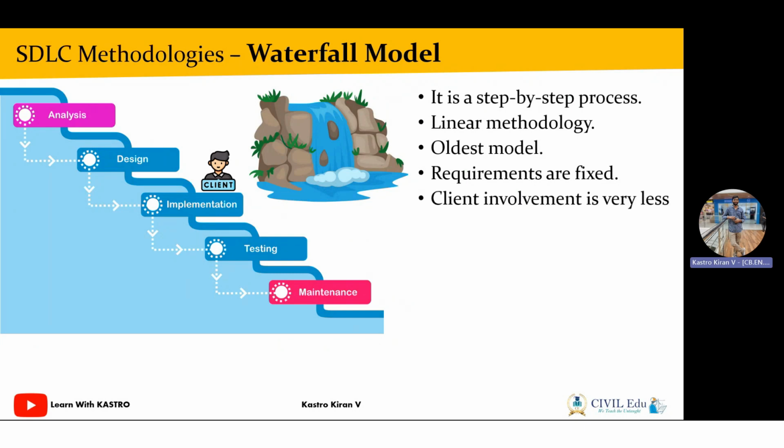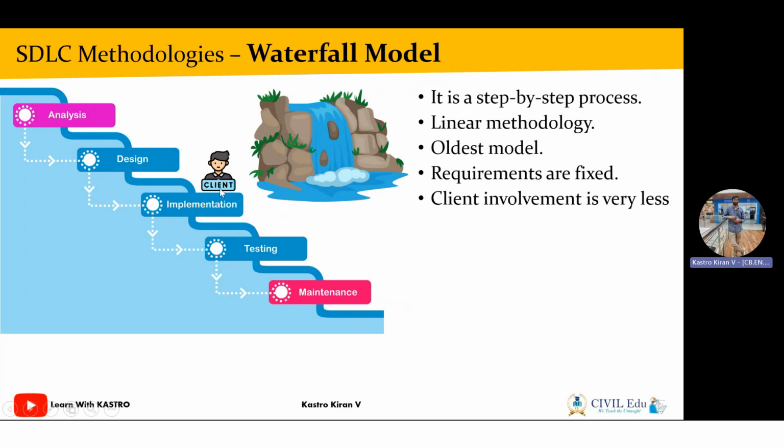And one more disadvantage is that the client involvement is very less. Or you can also say that the client involvement is almost zero. Why is the client involvement very less? Because if the client involves in any one of these stages, again there comes a drawback to the flow of the progress of the work.